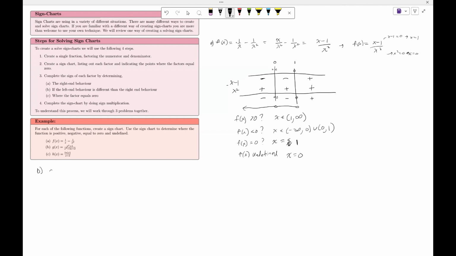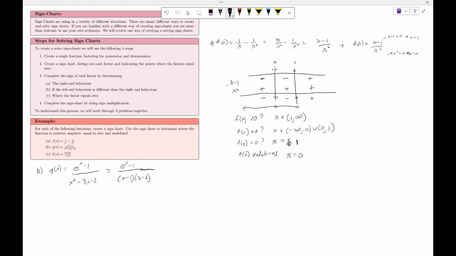B. So with g of x equaling e to the x minus 1 over x squared minus 3x minus 2, we actually need to factor the denominator here. So with factoring the denominator, we get e to the x minus 1 over (x minus 1)(x minus 2).